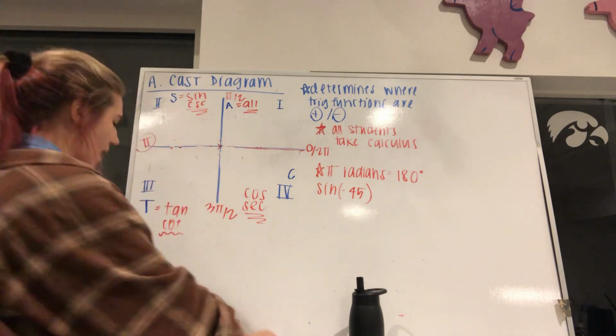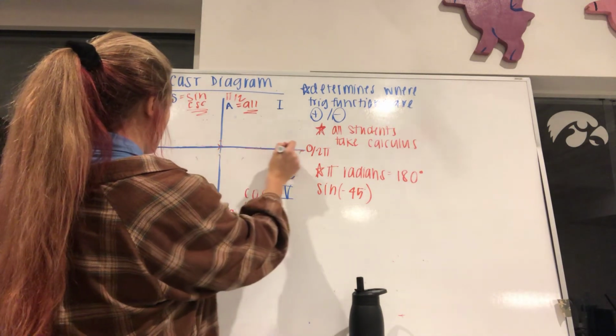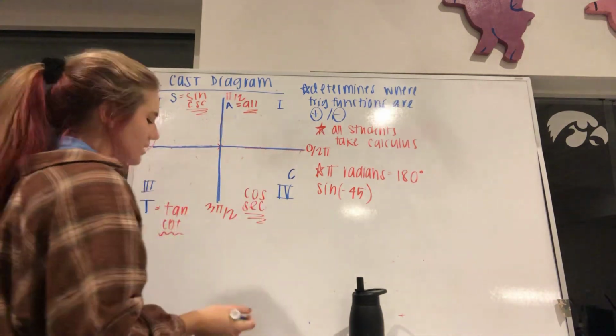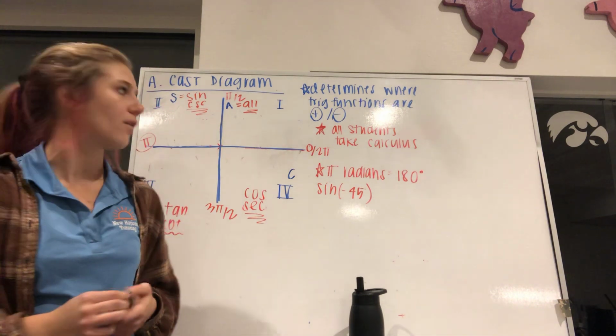I think that contributes to a better understanding of trig in general, which is important because it's a somewhat difficult topic for some people, and it's also going to be pretty heavily tested on the ACT.